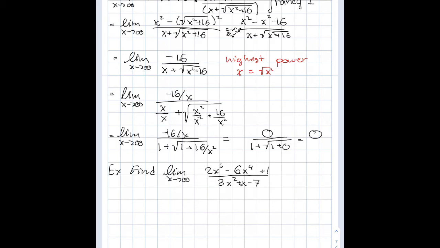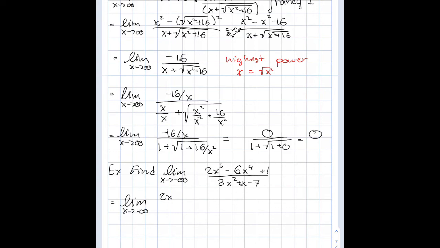And this is actually going to negative infinity. That's important. All right, and we're going to rewrite that limit after dividing by x squared.